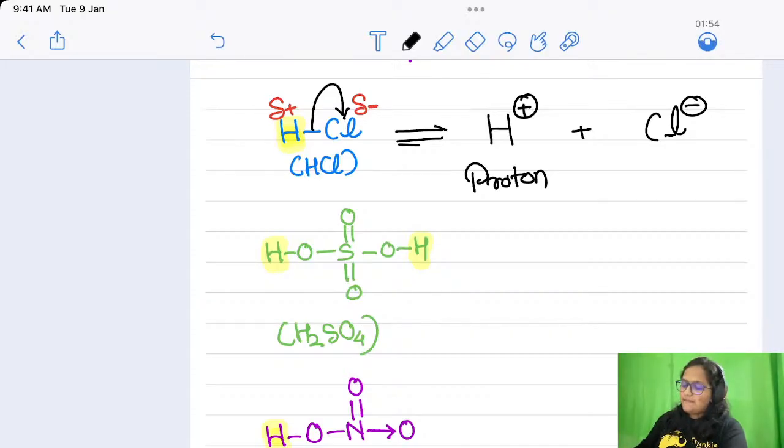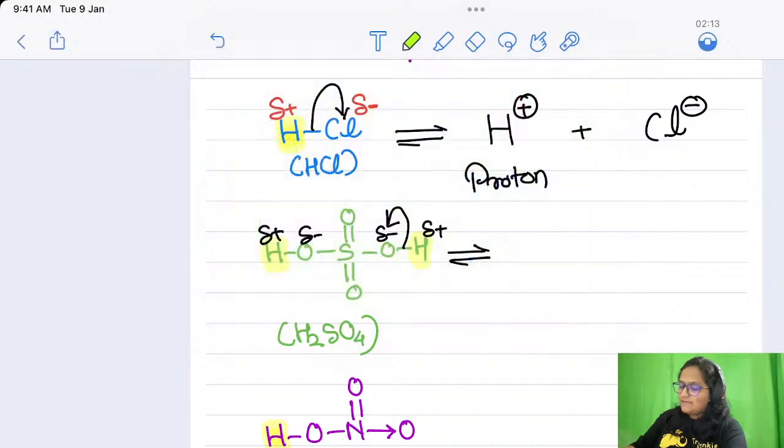Now this was about HCl. Now let us talk about sulfuric acid also. In case of sulfuric acid also, you can see oxygen is there and hydrogen is there, right? Similarly here also oxygen and hydrogen is there. So what happens here also, this bond gets shifted onto oxygen, right?